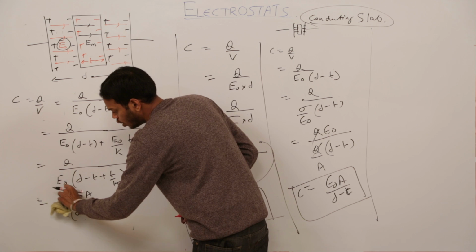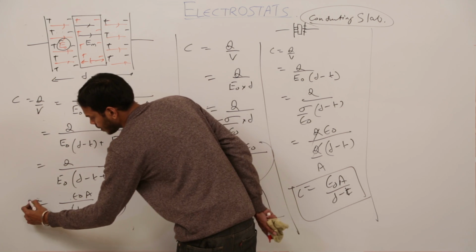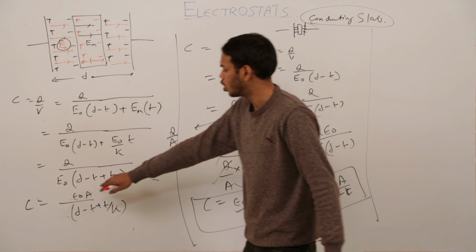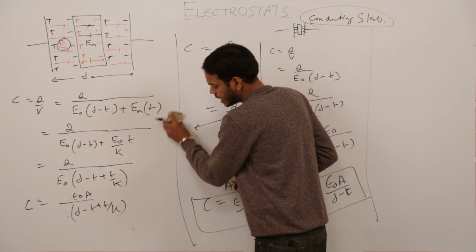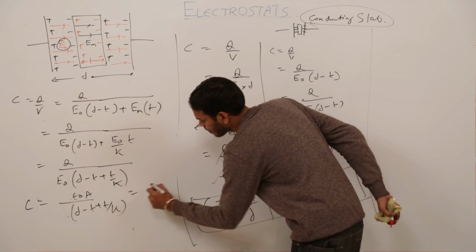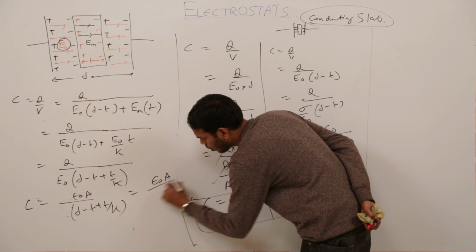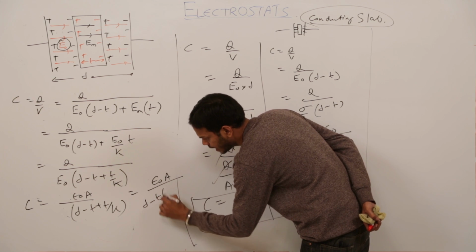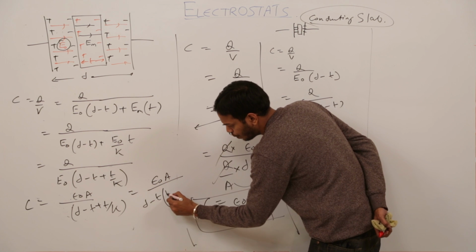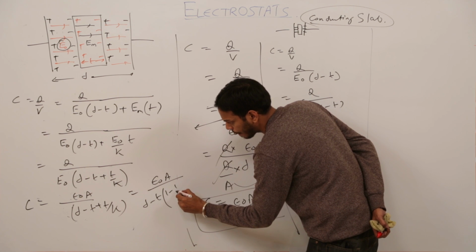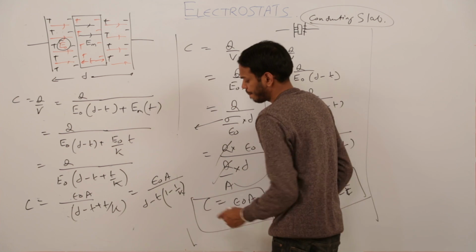So this is your final answer. C is epsilon naught A upon d minus t plus t by k. In some books this equation is also written as epsilon naught A upon d minus t, with t taken out of the bracket, so it would be 1 minus 1 upon k.